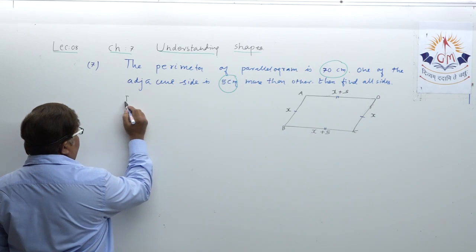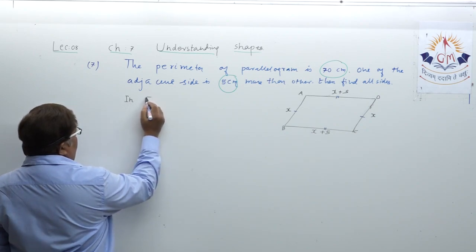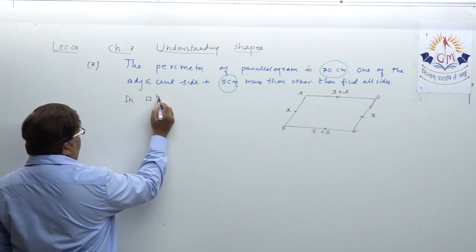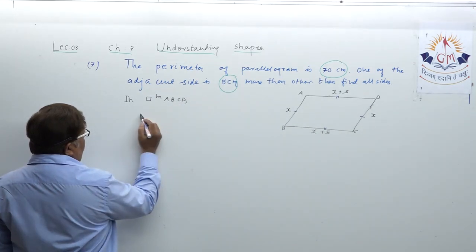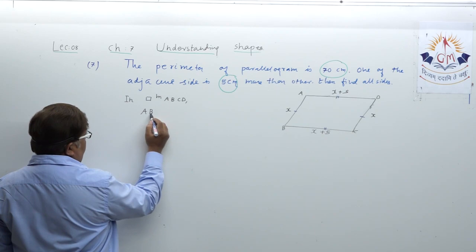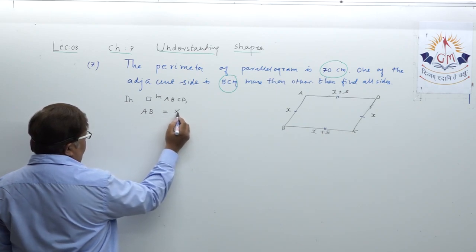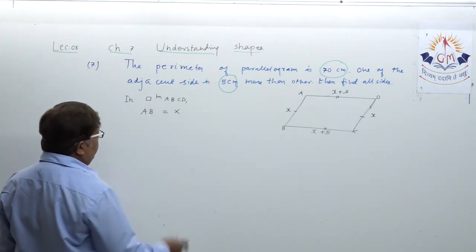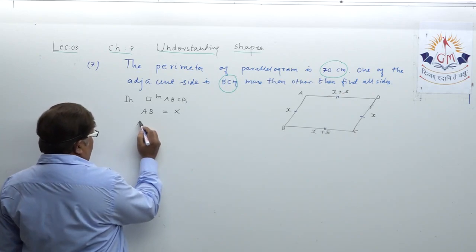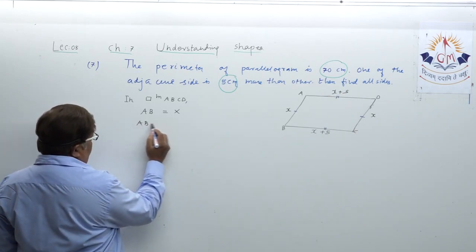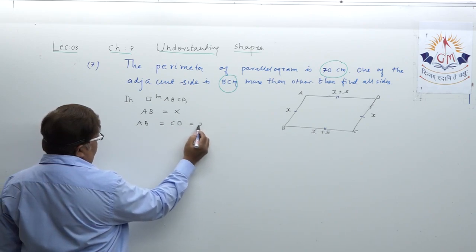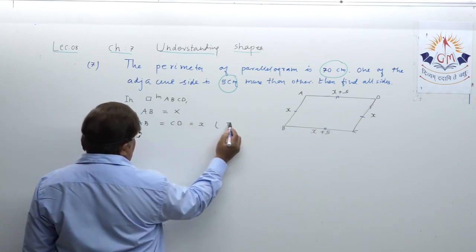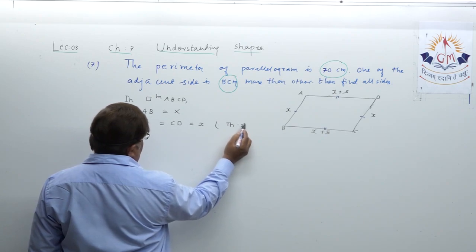In parallelogram ABCD, AB equal to x, that we supposed. But as you know, opposite sides are equal, mentioned in reference theorem 1.